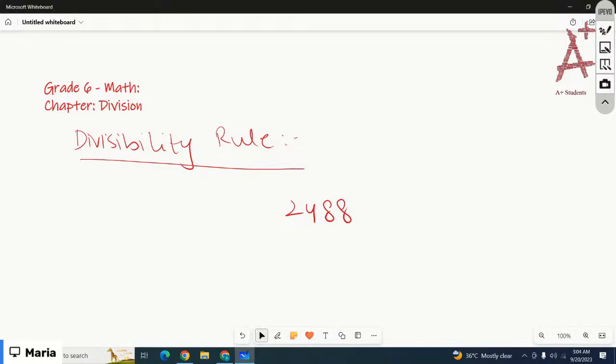So you can note down the definition of the divisibility rule. That is our test, right? I'm going to write it on board.